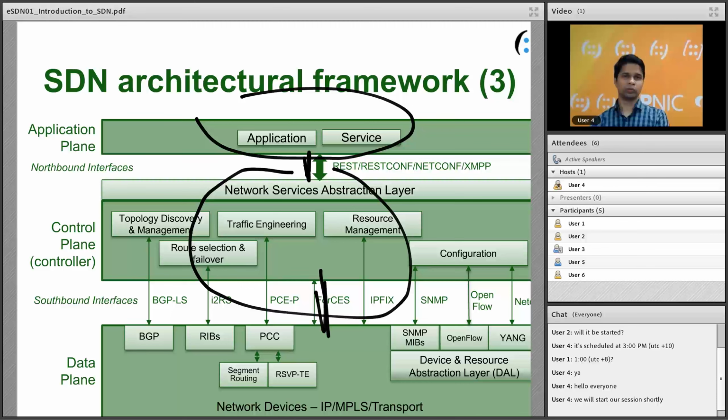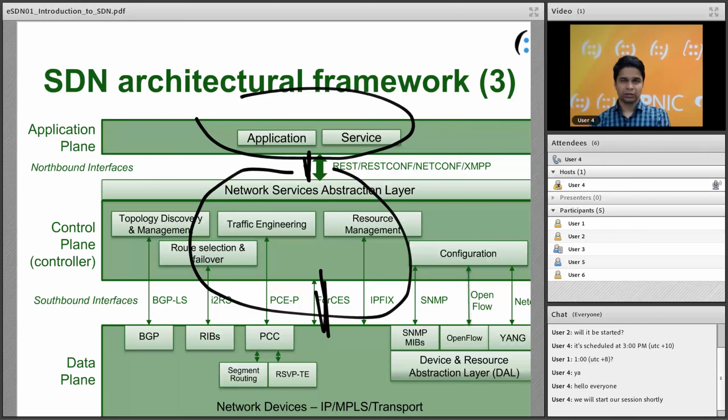And there are protocols you could use to communicate over the northbound or southbound interface. Between the application and the network service abstraction layer or the orchestration, we could use an API, which could be REST API, RESTCONF, or XMPP.